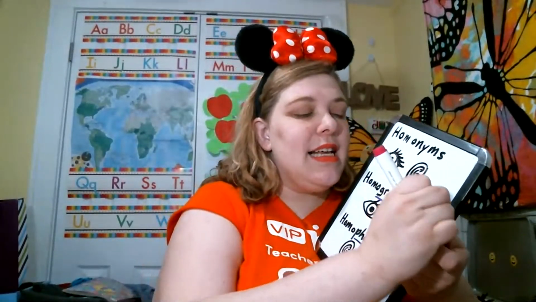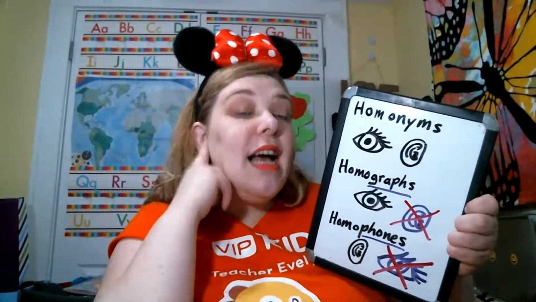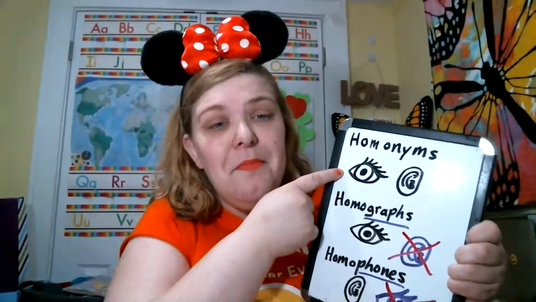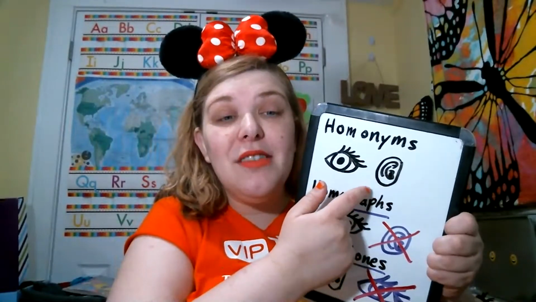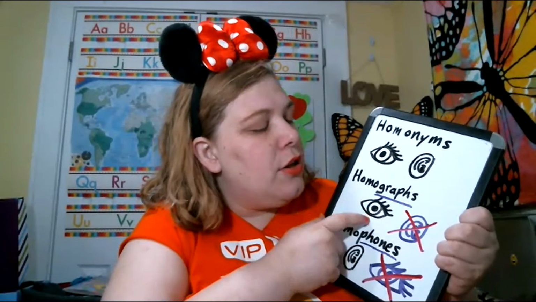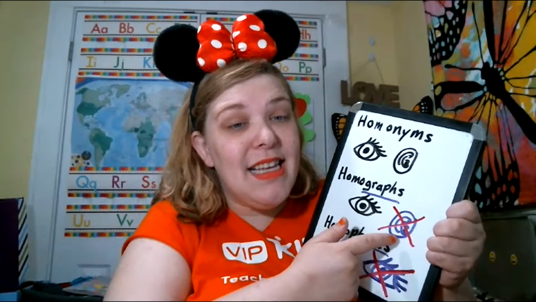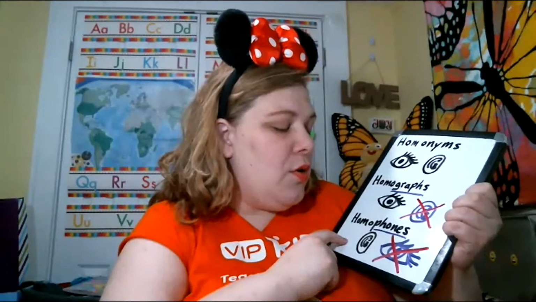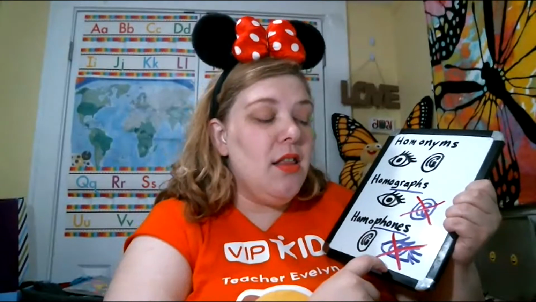Homonym is something that looks the same, sounds the same, but has a different definition. How confusing is that? So once again, homonym looks the same, sounds the same, different definition. Homograph looks the same, does not sound the same, different definition. Homophones sound the same, do not look the same, different definition, right?